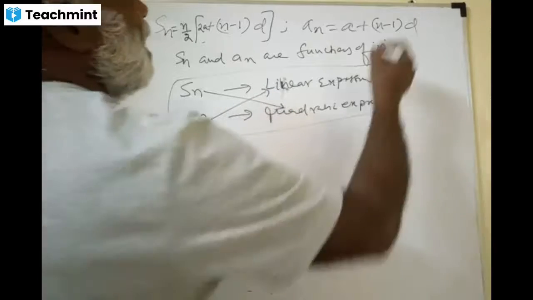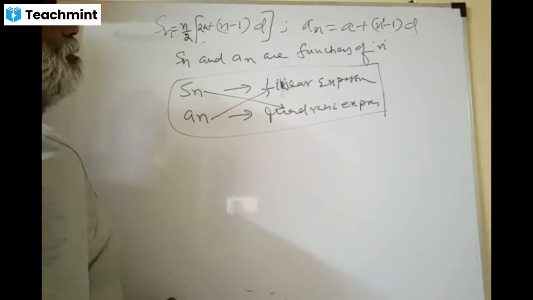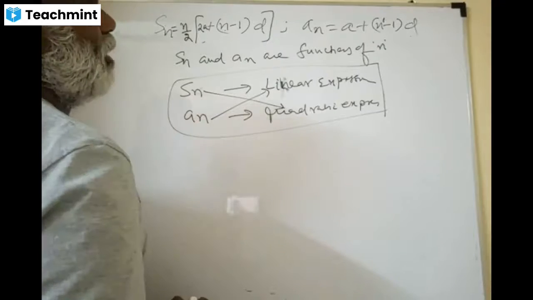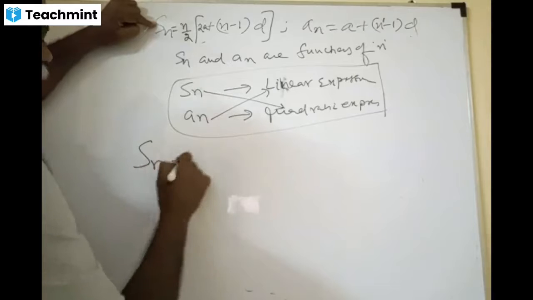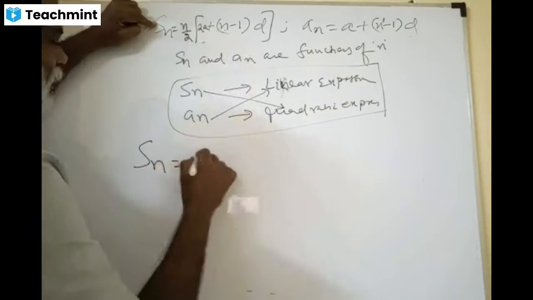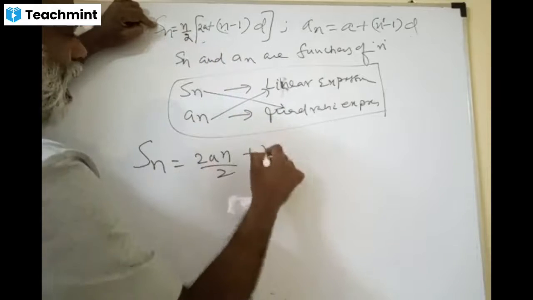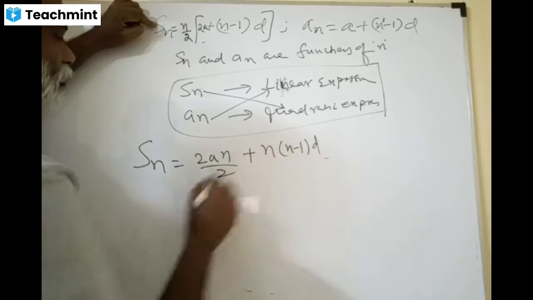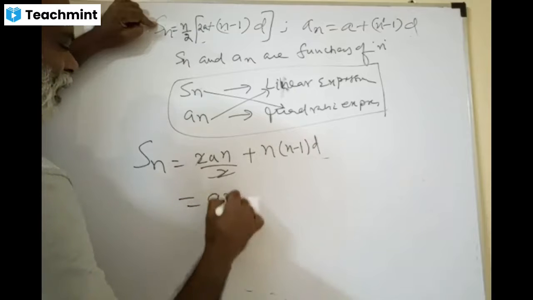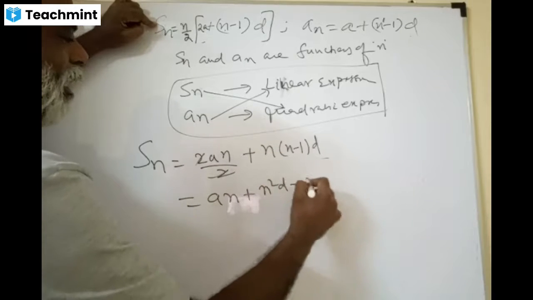Why? Because n power 1 is there, therefore it is a linear function, a linear expression. Again, in Sn, take this n by 2 inside: n into (n minus 1) into d, the 2 cancels. N into n is n square d, minus nd.